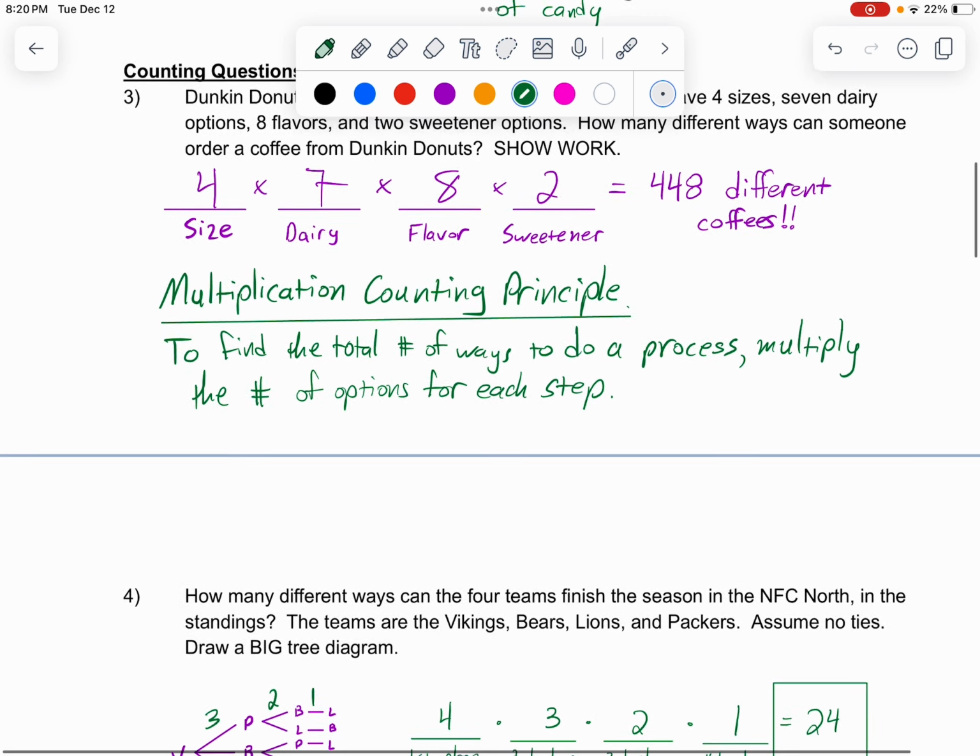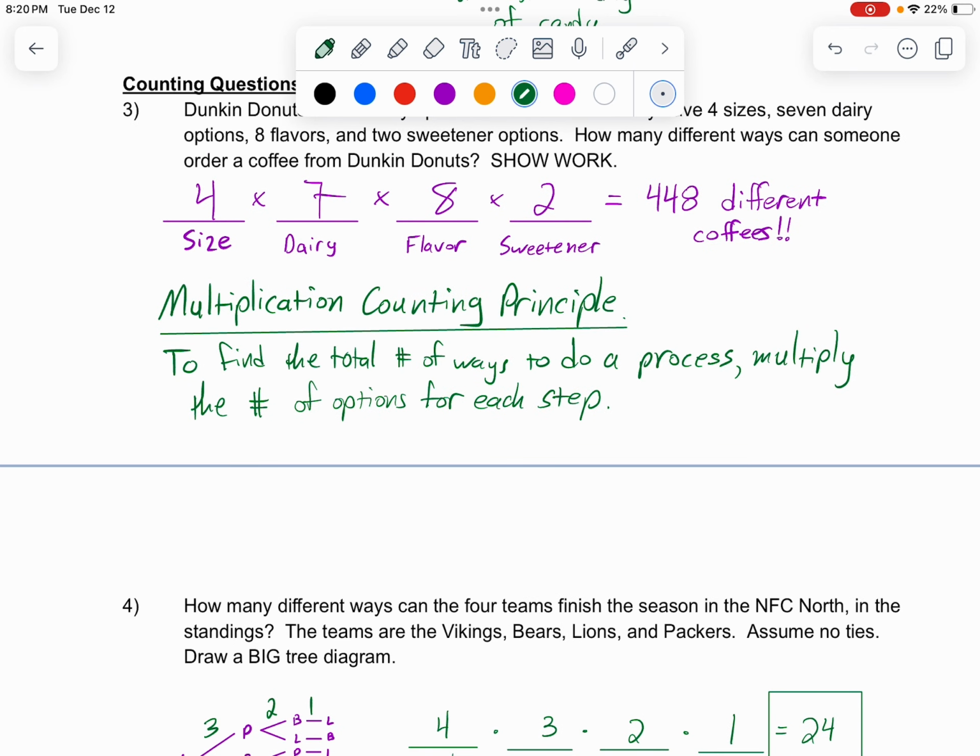And that's what we just did. We had 4 steps in this case: size, dairy, flavor, and sweetener.